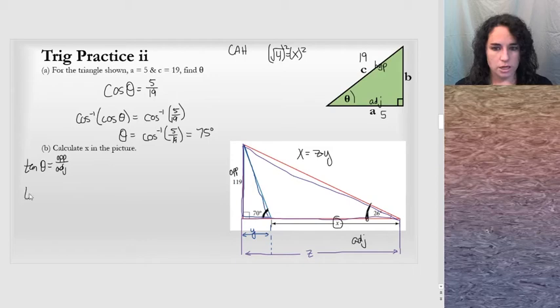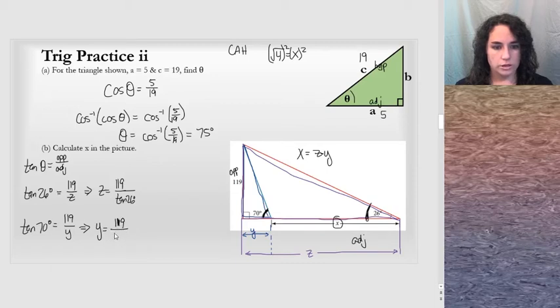So let's do this. Tan 26 degrees equals 119 over z. And also tan 70 degrees equals 119 over y. I can solve both of these equations for z and y. Z equals 119 over tan 26 degrees. Y equals 119 over tan 70 degrees.